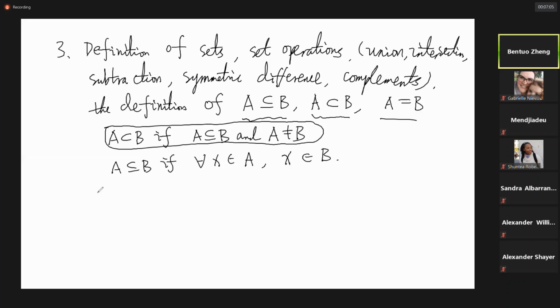And also there are some operations like union, intersection, subtraction, and symmetric difference. You also need to know how to write down the definition, how to define the union of two sets, the intersection of two sets, the subtraction of two sets, and the symmetric difference of two sets.